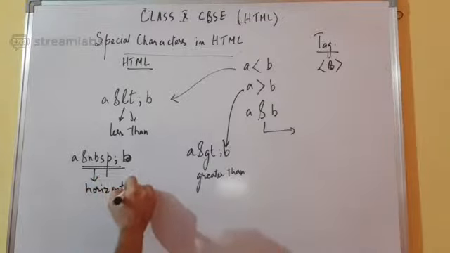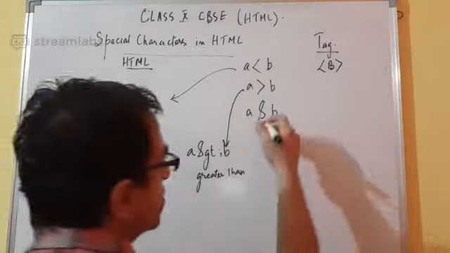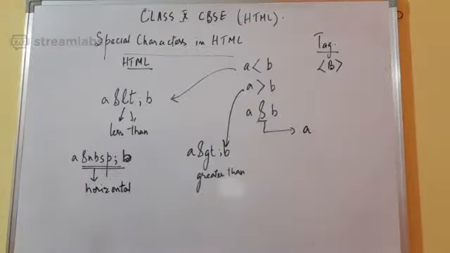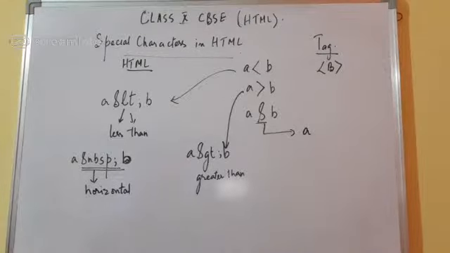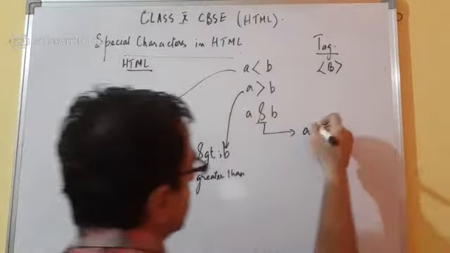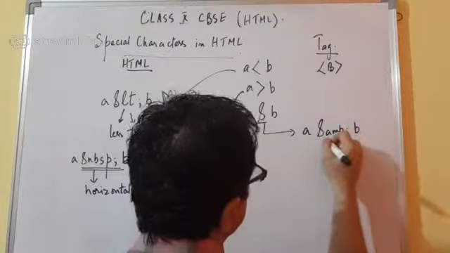But what if I just want to represent a and b, the combination of a and b together, when I write it in my copy? If you want your web page to display this particular symbol, what we need to do is write a, ampersand AMP, and then b.